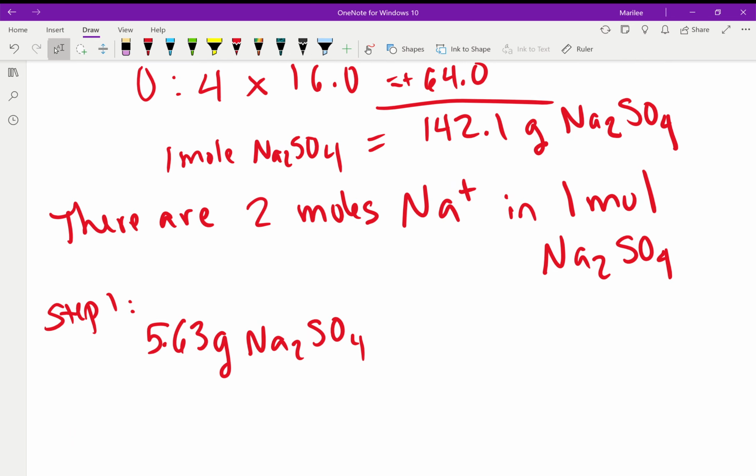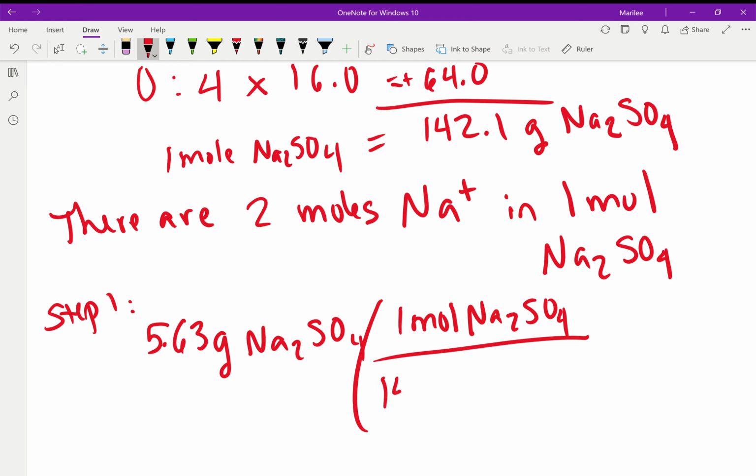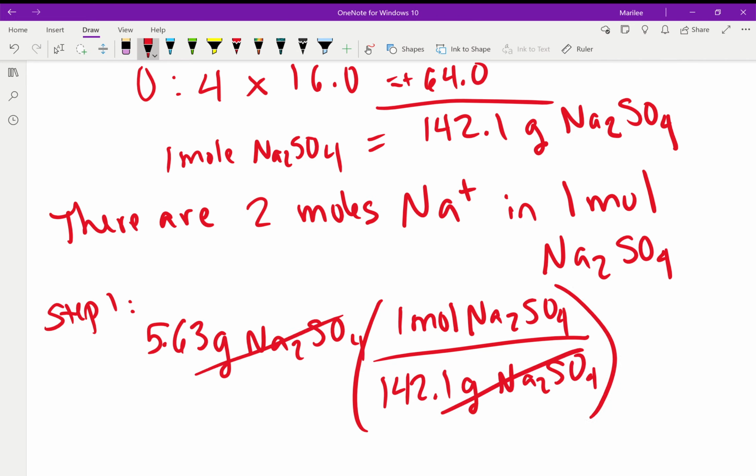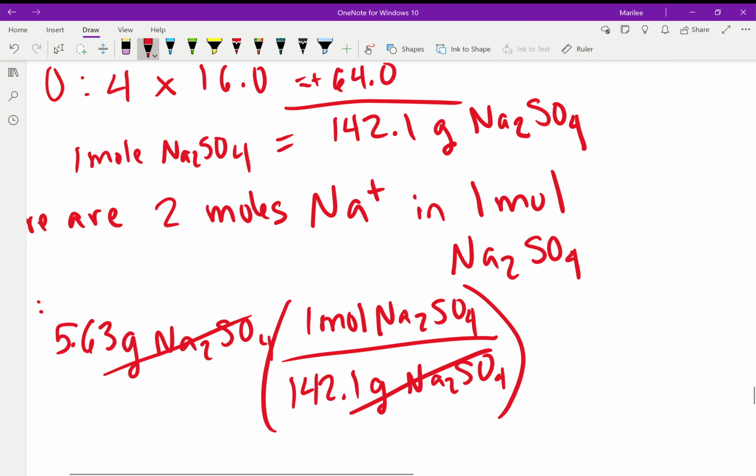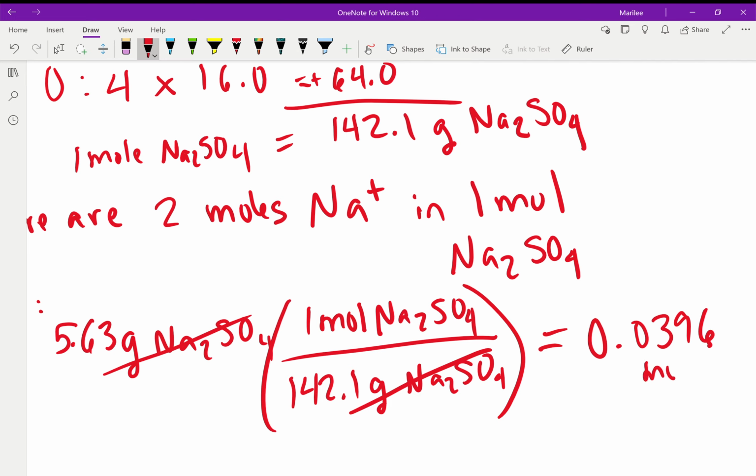And our conversion factor, which we calculated, we know it's 1 mole of Na2SO4 has 142.1 grams. Remember, things need to cancel out, so our grams cancel out, and we are left with 0.0396 moles Na2SO4.